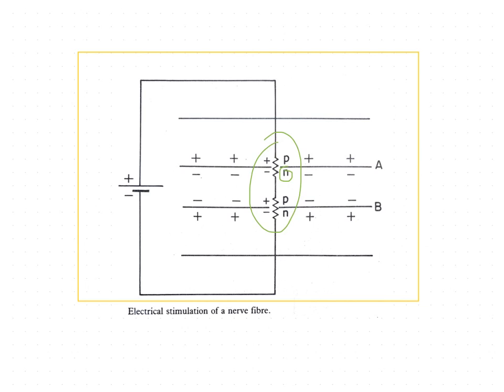On the side of the nerve nearer to the anode, so this one, capital A, this increases the resting potential difference across the membrane. But on the side of the nerve nearer to the cathode B, the additional charges of opposite polarity to those present on the resting membrane reduce the potential difference across it.